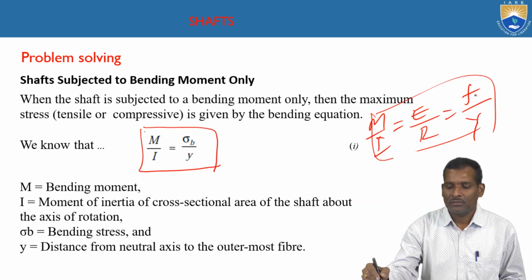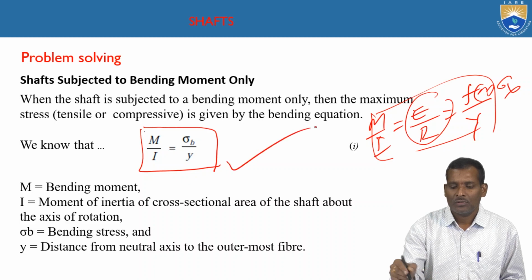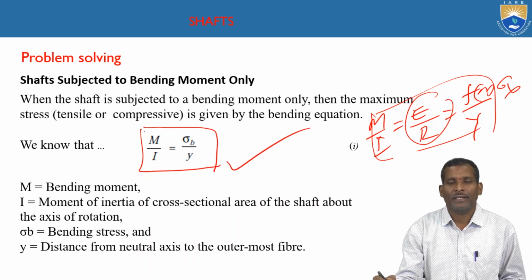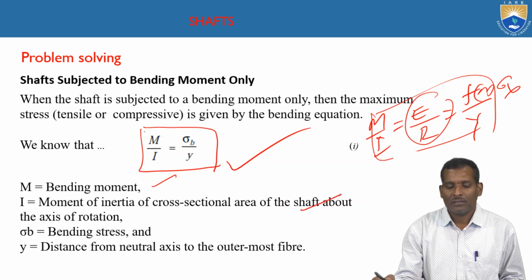So we can write the bending stress as F or sigma b, taking these two. You can write the bending moment equation like this: M by I is equal to sigma b by y. Bending moment M, and I is the moment of inertia of the cross-sectional area of the shaft.